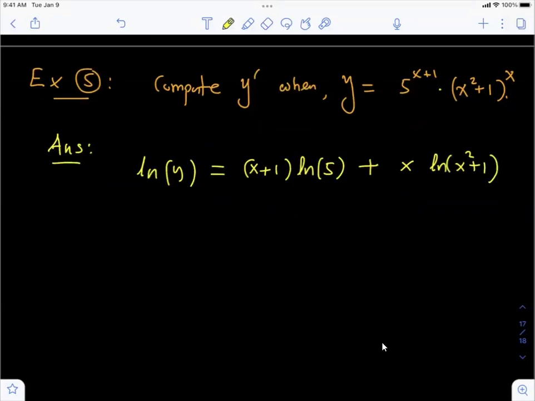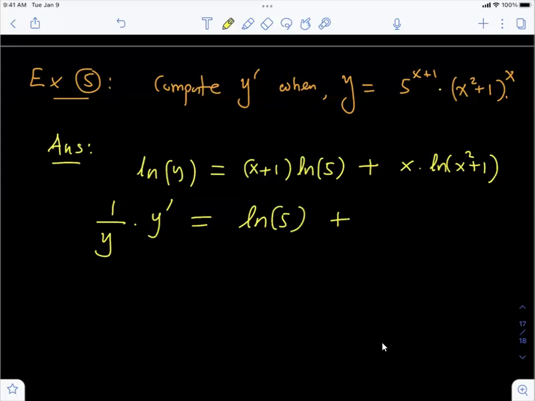Now take the derivative of the left side, 1 over y times y prime. In the right side, when you do this, don't forget ln 5 is a constant multiple multiplied by the derivative of x plus 1, which happens to be just 1. So the answer for the first part of the derivative is going to be just ln 5 times 1, ln 5. The second component has a product.